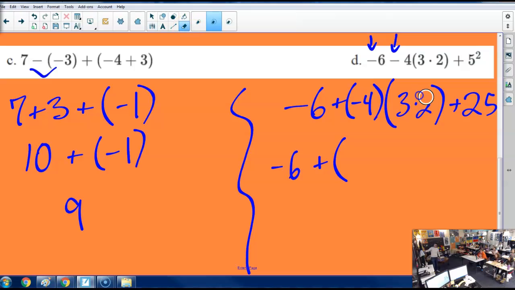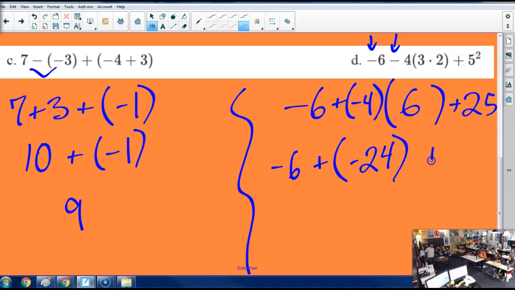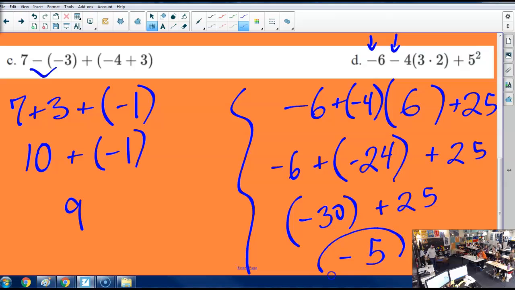If I'm following my order of operations, this I would have done first, and that's 6. Negative 4 times 6 is negative 24. That becomes negative 30 when I put those together. Who wins, the negative or the positive? The negative. Whoop, I got it right.